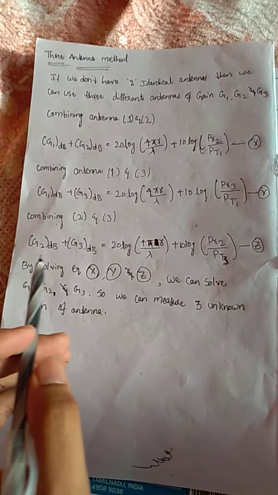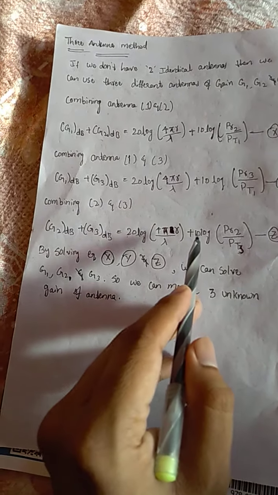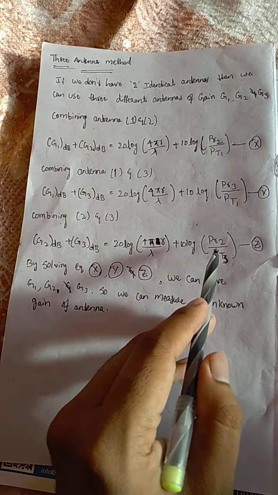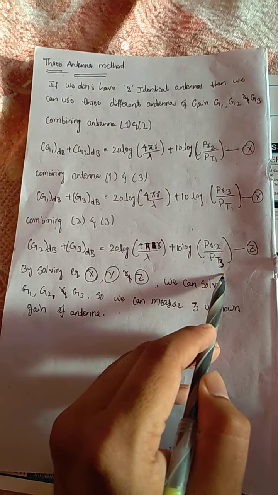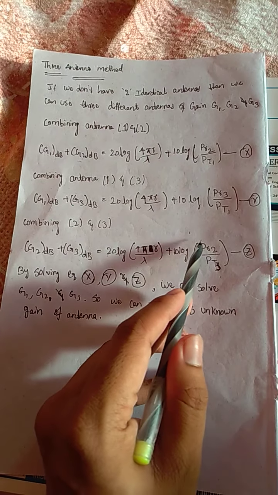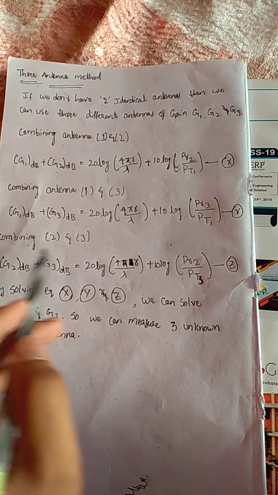The receiver antenna is the second antenna and the transmitter antenna is the third antenna. That is what we discussed about 2 and 3 here.